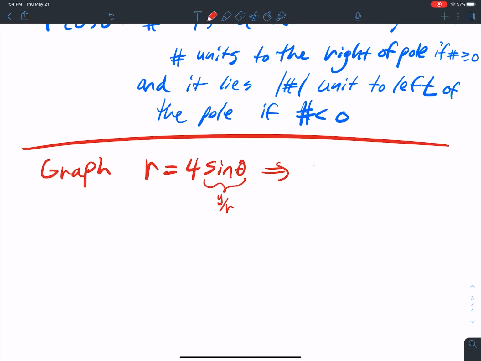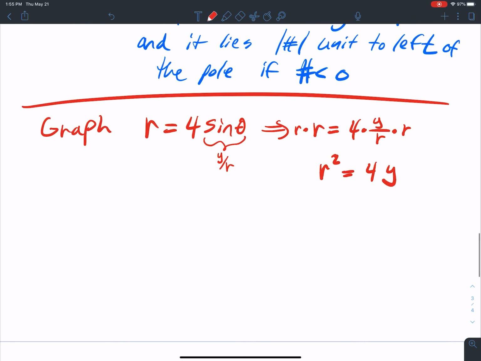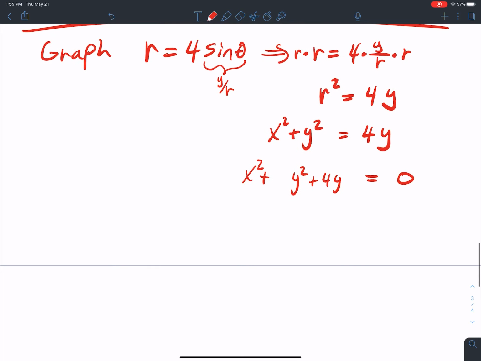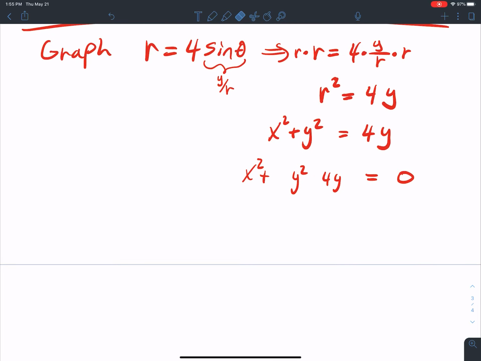So this becomes r equals 4y over r. We'll multiply both sides by r. So I get r squared equals 4y. Now r squared is x squared plus y squared. So I'm going to move my 4y over. So I have x squared plus y squared minus 4y equals 0. Sorry, that's a minus 4y.